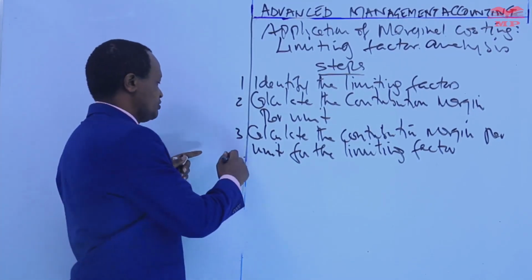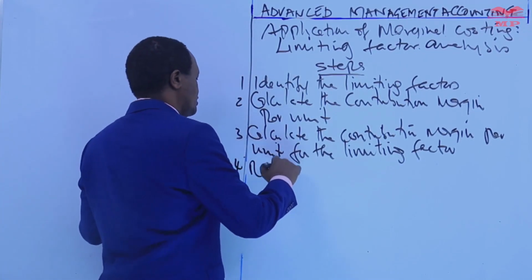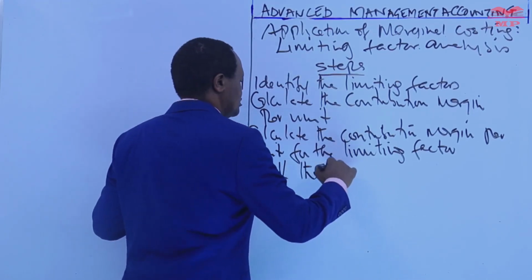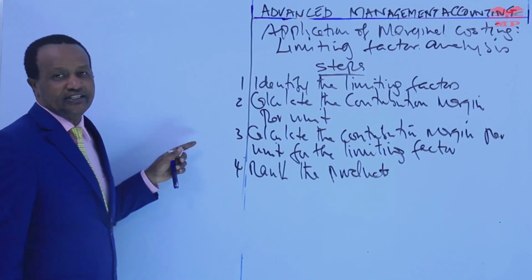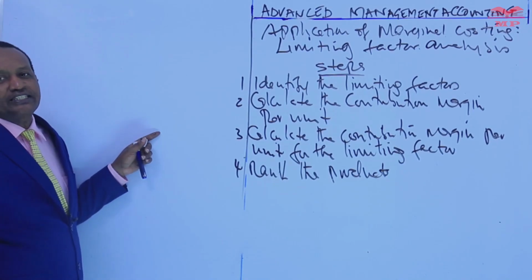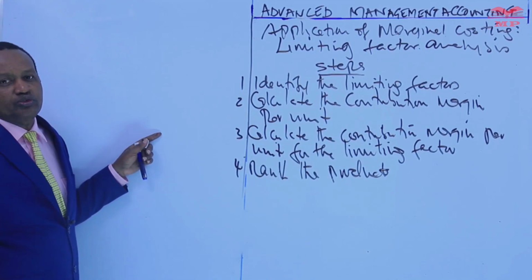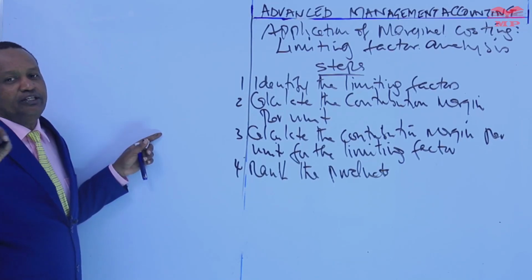Then step number 4, rank the products. Do what we call product ranking. Rank the products in descending order based on their contribution margin per unit for the limiting factor.